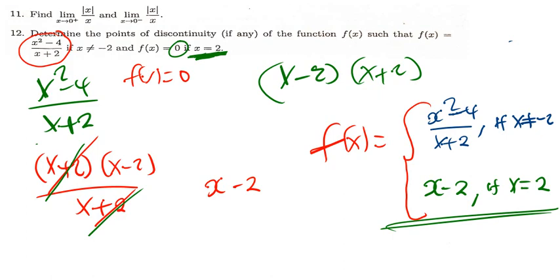To make it defined, that's why I've put x minus 2, x has to be equal to 2, because we have been told that if f of x is equal to 0, x has to be 2. And if I put 2 there, I'm going to get 0, which is correct.